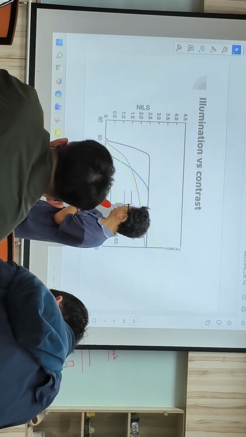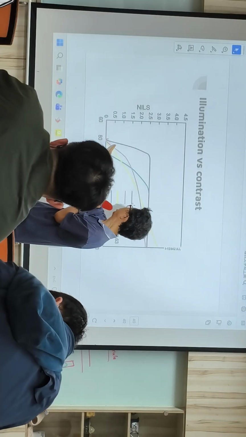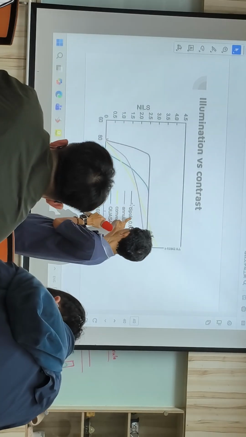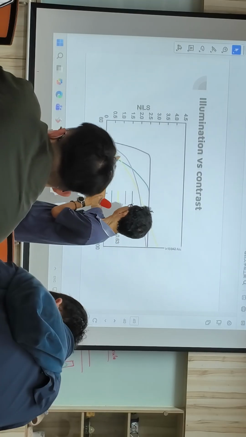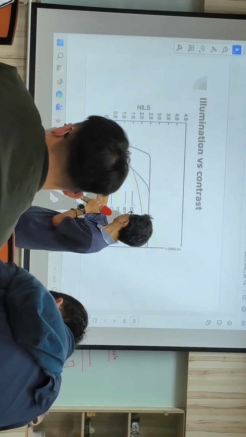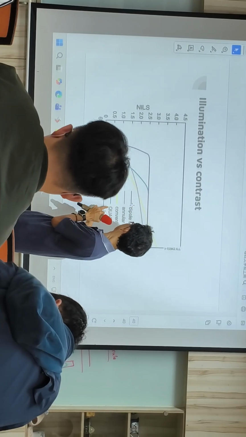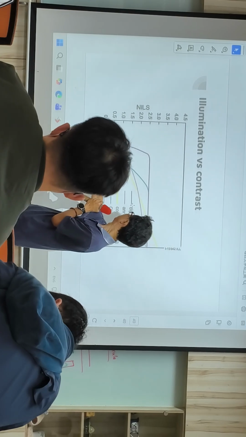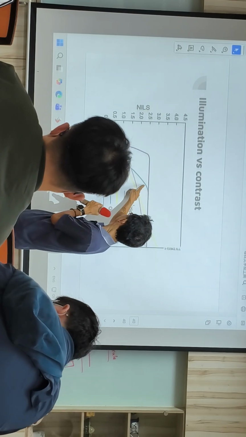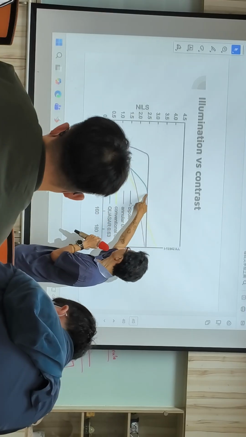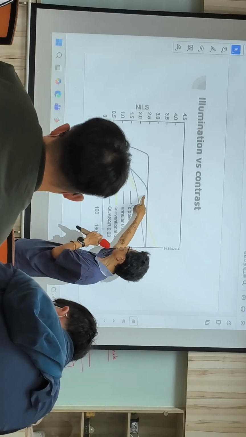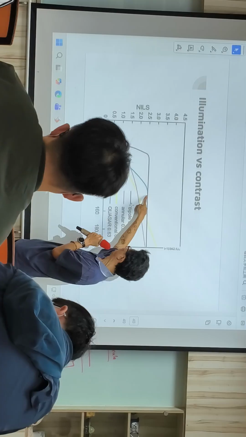At the very end, you will see that dipole is better than annular, better than conventional, better than quasar. But over here, dipole and quasar have about the same image contrast.